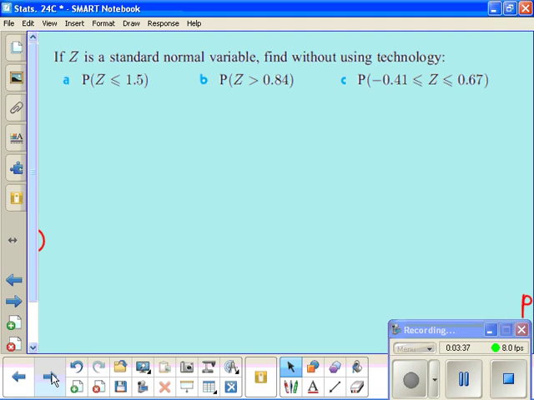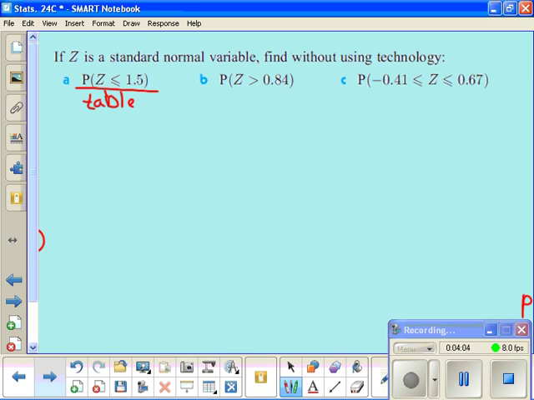Going on, here's an example. If z is a standard normal variable, without using technology, so in other words, using the table, what's the probability that z is less than 1.5? Probability of z is less than 1.5, just using a table. I don't have to convert it to a z value, it's already in z form, which we'll talk about next. All I'm doing here is demonstrating how to use the table.